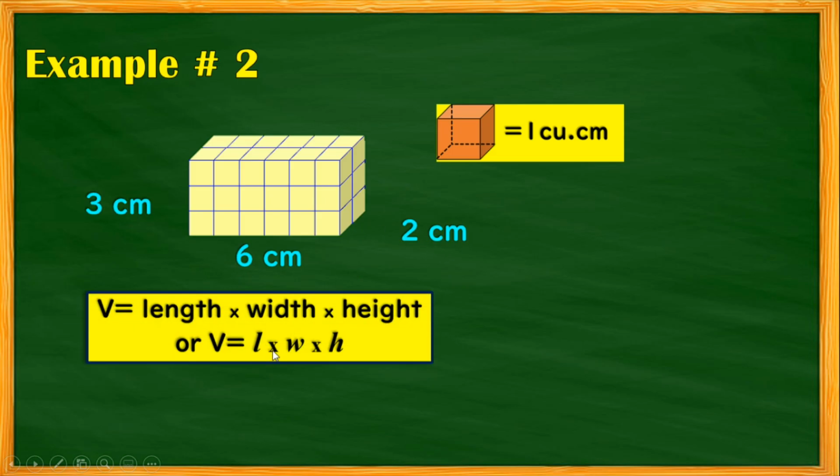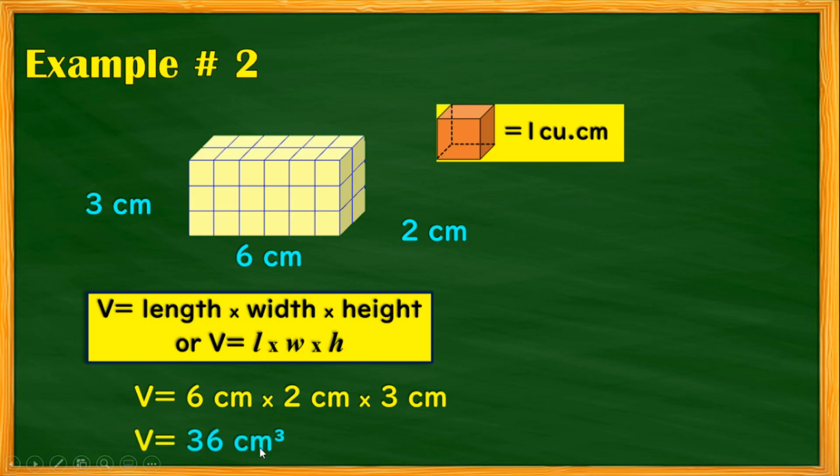Now substitute to the formula. The formula is volume equals length times width times height. So 6 is the length, width is 2, height is 3. 6 times 2 is 12, times 3. The answer is 36 cubic centimeters.